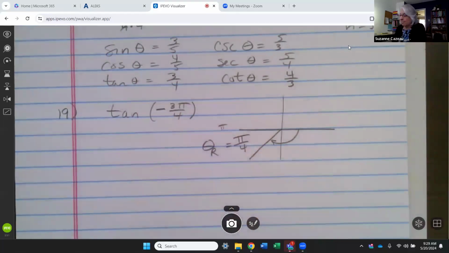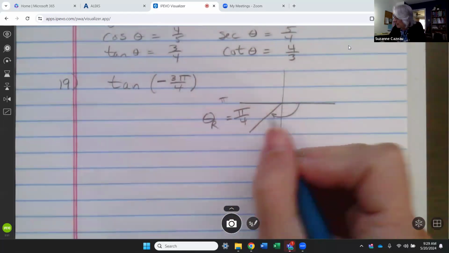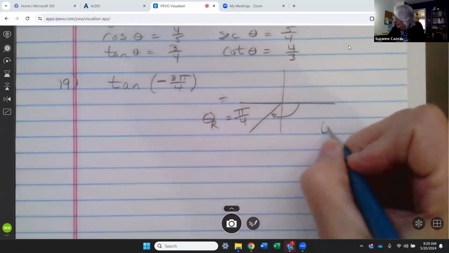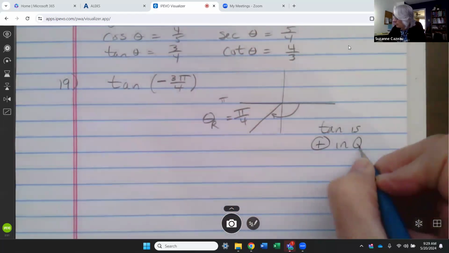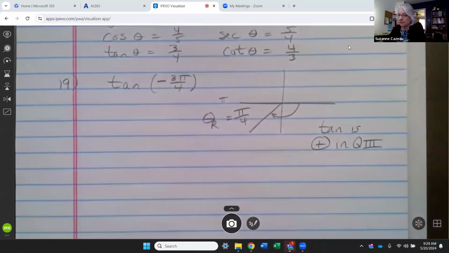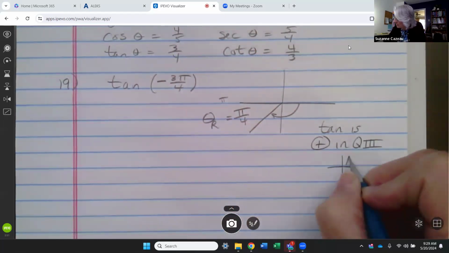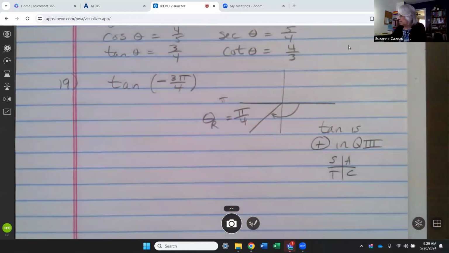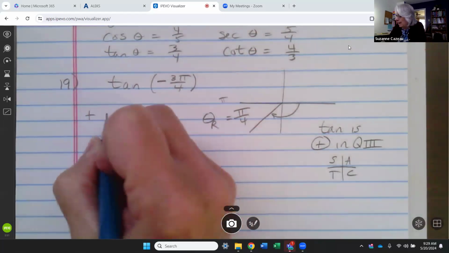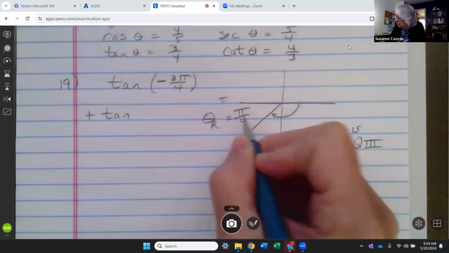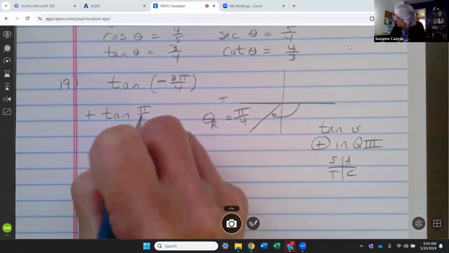And so now we're in the third quadrant. Tangent is positive in quadrant 3, because all students take calculus. And so we're equivalent to a positive tangent of pi over 4.